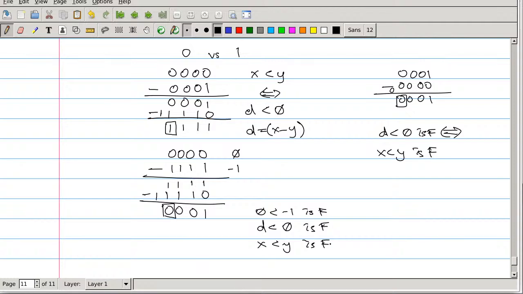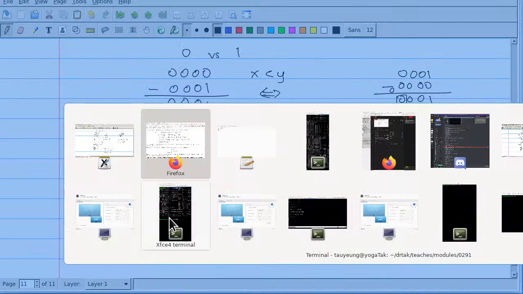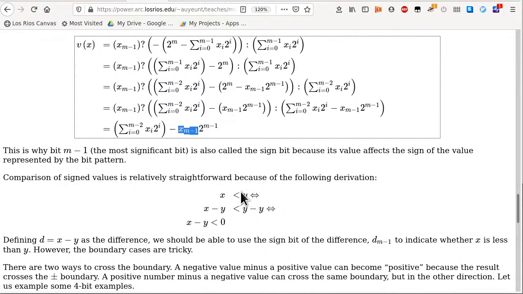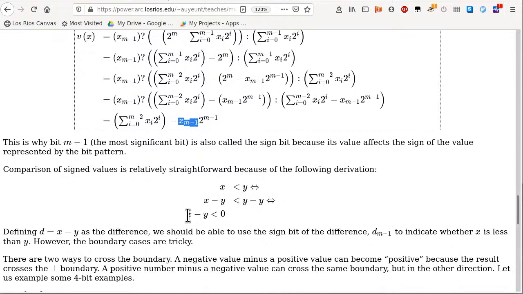Okay, all right. So the key here is this particular bit. If this bit is a 1, it means the difference is negative. And if this bit is not a 1, if it is a 0, it means the difference is not negative. Let me scroll to the right portion here. So everything boils down to this part, okay?